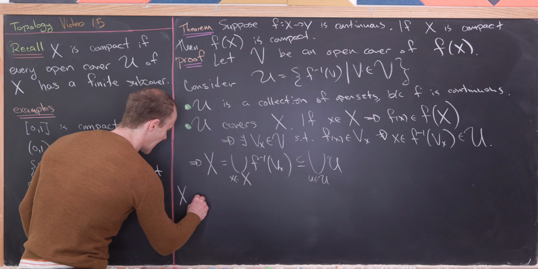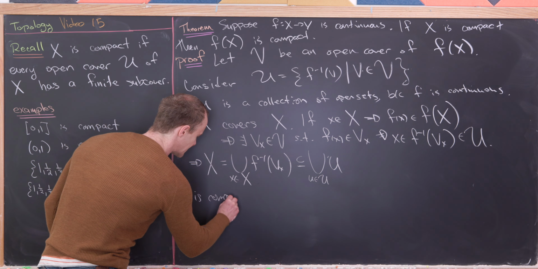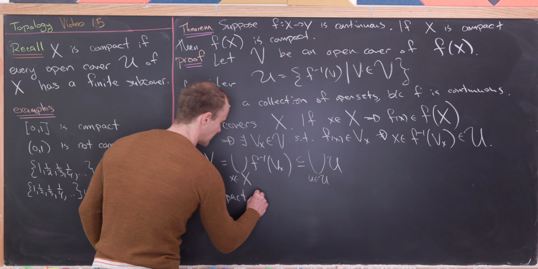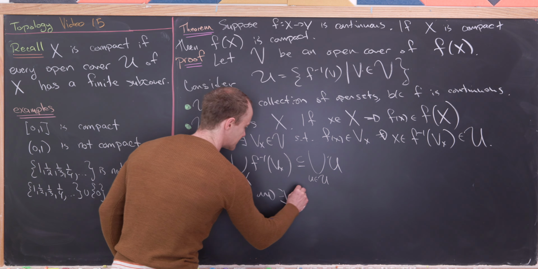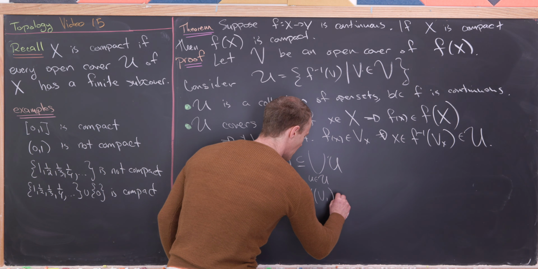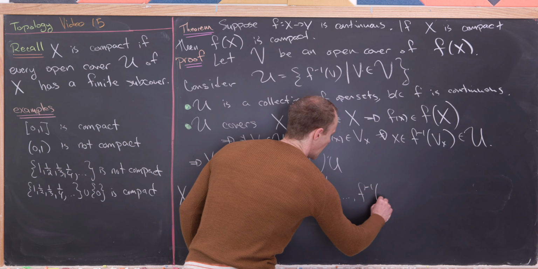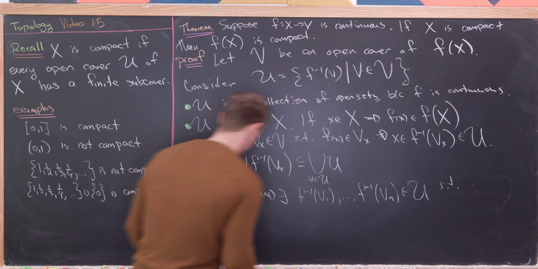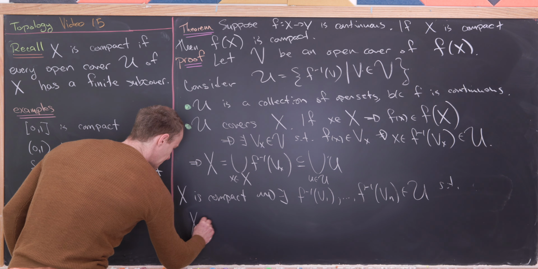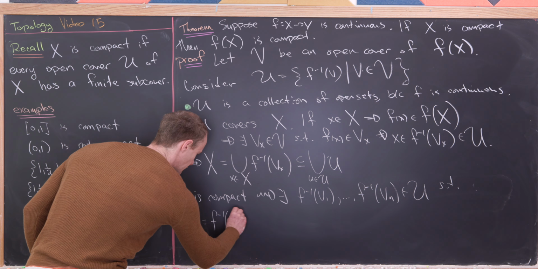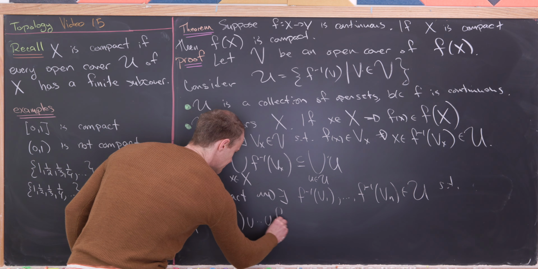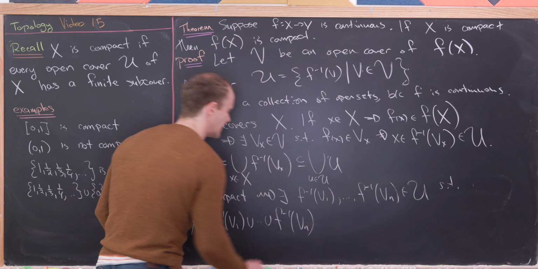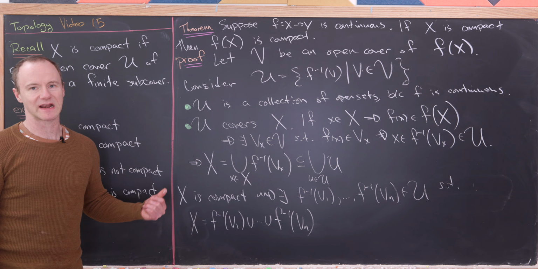But now, since X is compact, that means that we can find a finite subcover. So there exist a pre-image of V_1 all the way up to a pre-image of V_n inside of U, such that X equals the pre-image of V_1 unioned all the way up to the pre-image of V_n. So we took our finite subcover.